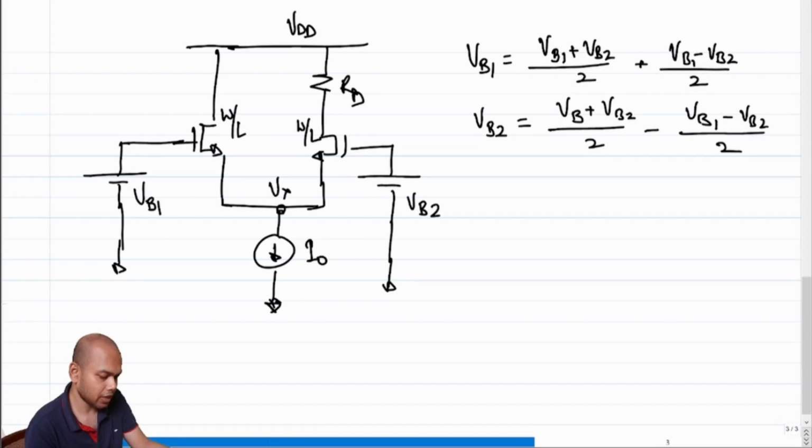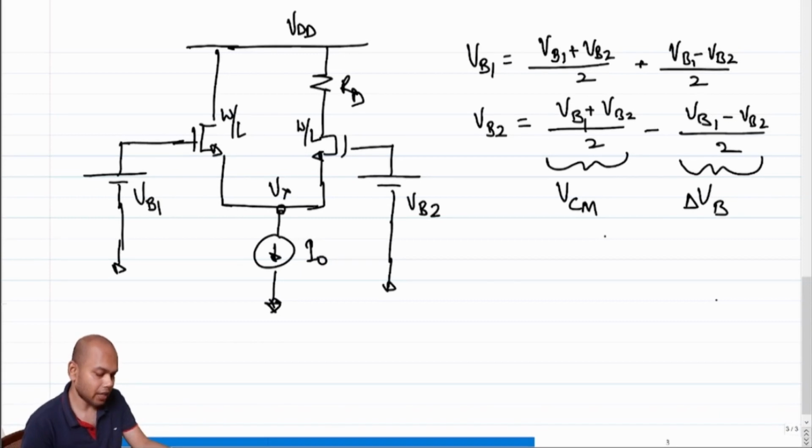(VB1 plus VB2) over 2 minus (VB1 minus VB2) over 2. Let's say (VB1 plus VB2) over 2 is the common mode, which we call VCM, and let's call (VB1 minus VB2) over 2 delta VB.